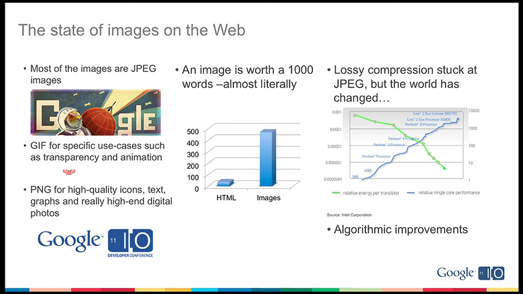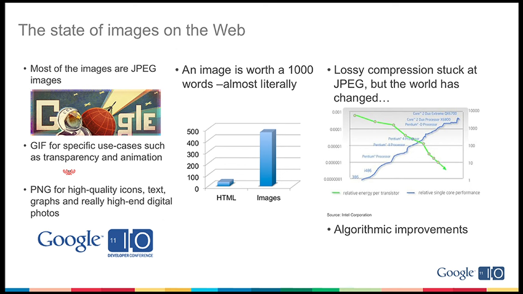GIF is great at allowing you to do transparency, but also people like small animations, 2, 3 images next to each other. PNG, portable network graphics, has been used for very high quality icons, text, graphs, things like this. This is an example of a PNG, Google I/O. You want to see developer conference. You want to be able to read the words developer conference.